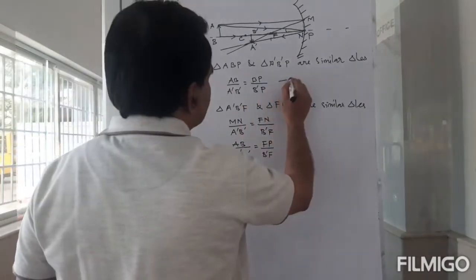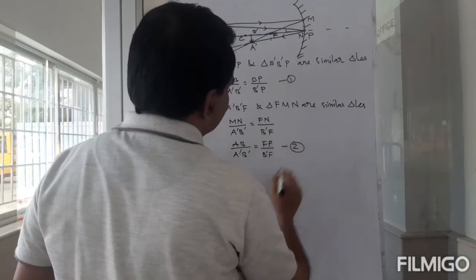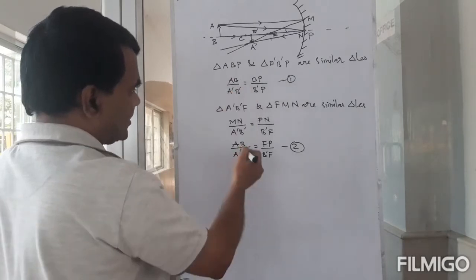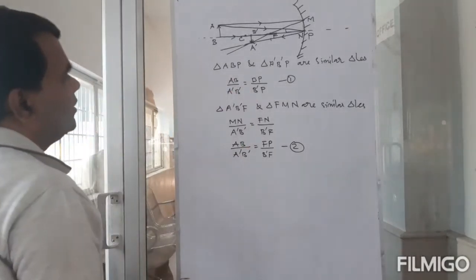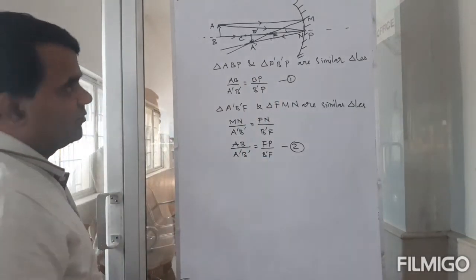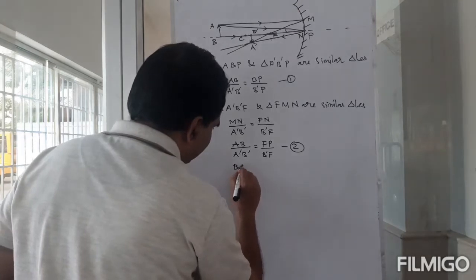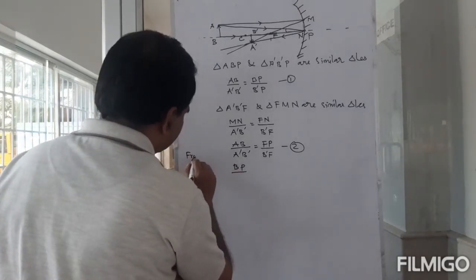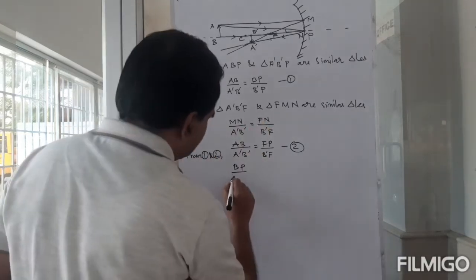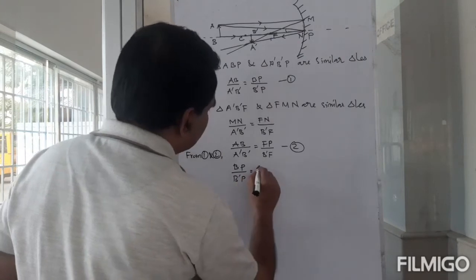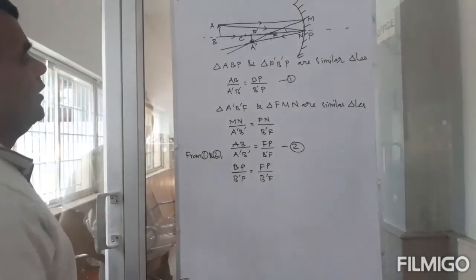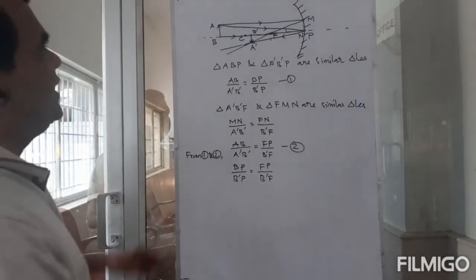So you see, this is equation 1, this is equation 2. So 1 is equal to 2. AB by A dash B dash, AB by A dash B dash. So BP by B dash P must be equal to FP by B dash F. What is BP?